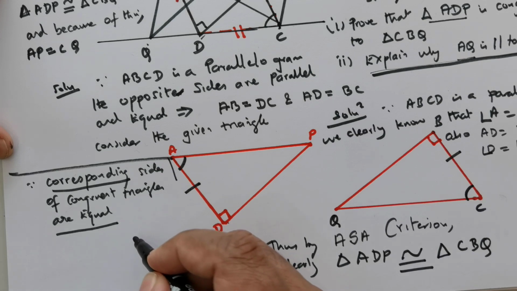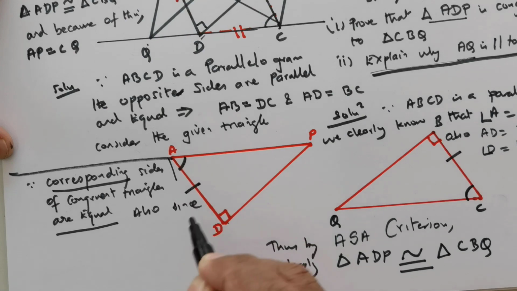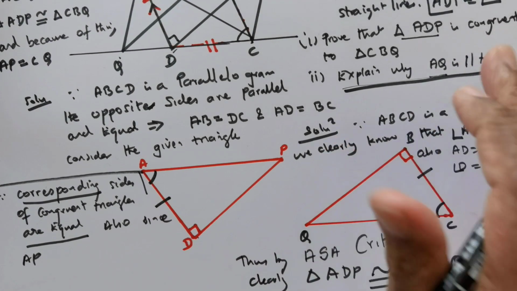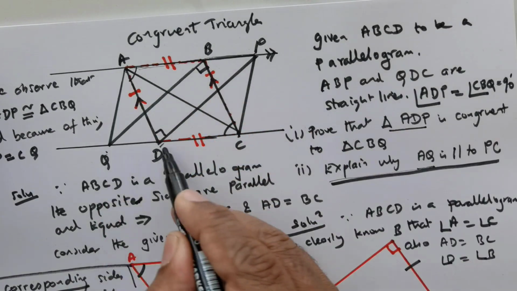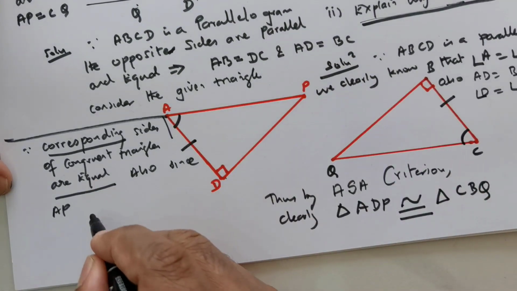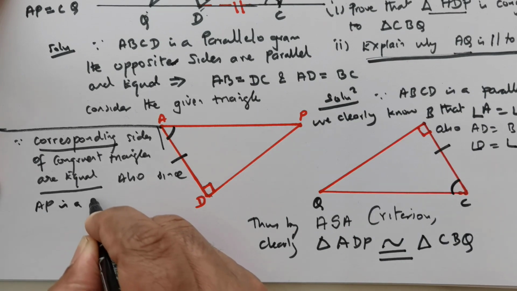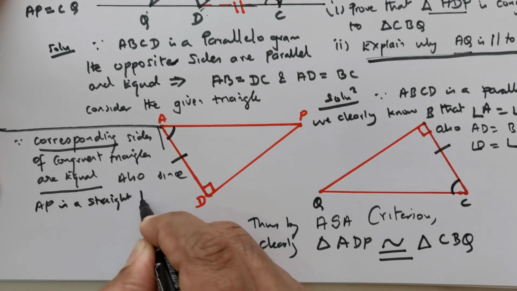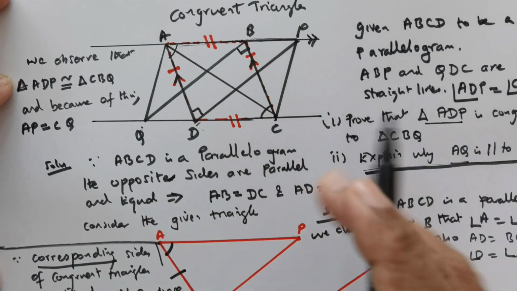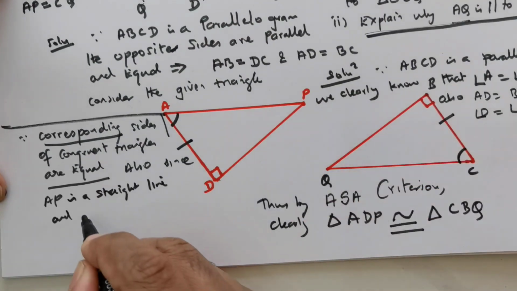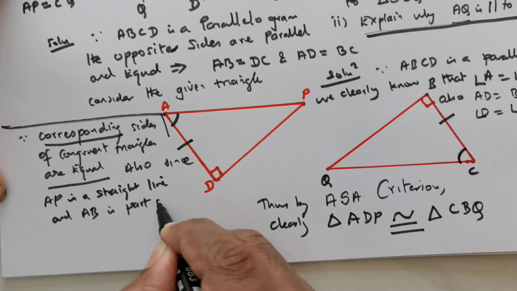Now the question is, are they parallel? Also, since ABP is given to be a straight line, you can clearly see the question, ABP is a straight line, QDC is a straight line. Also, AP is a straight line. Now what does it mean? In the straight line, AB is part of it.